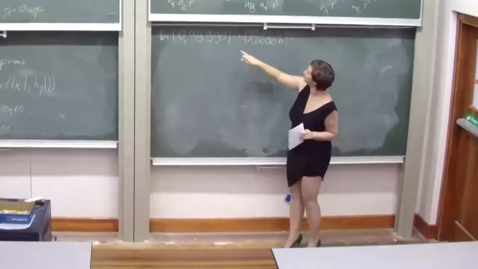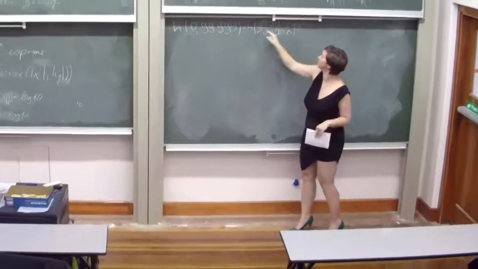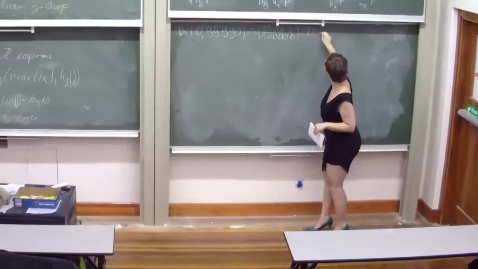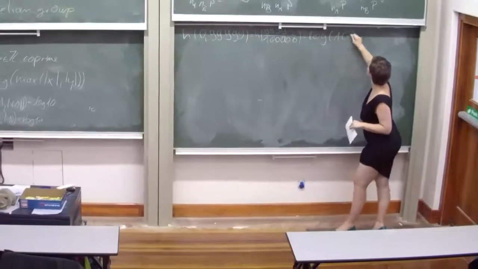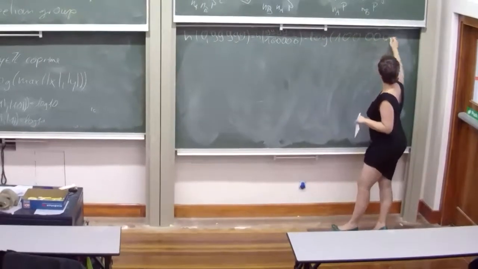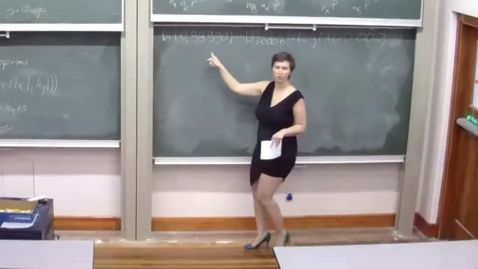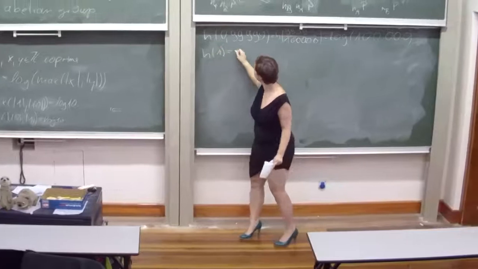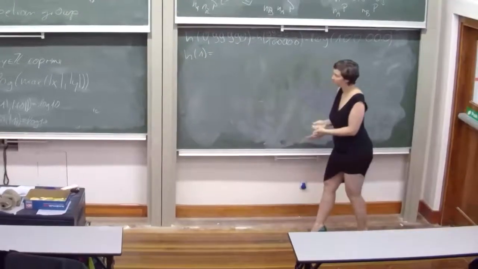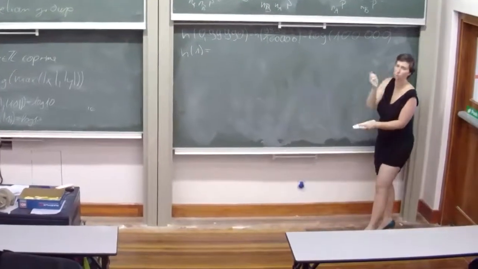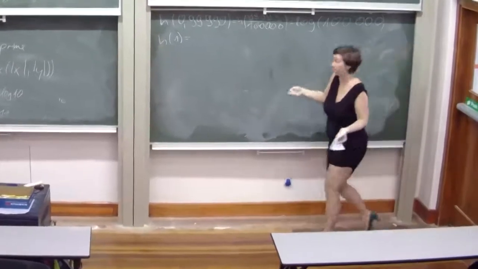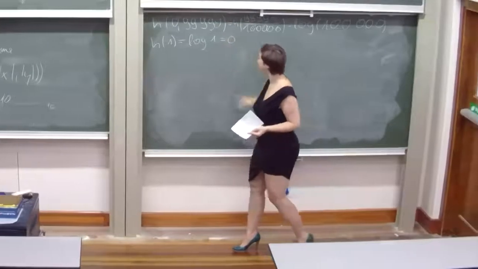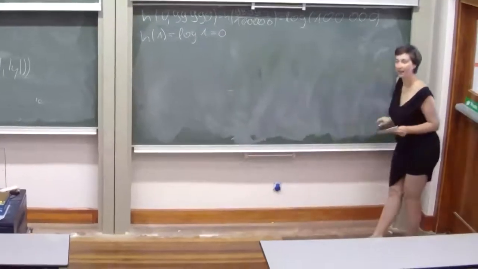So it's the logarithm of the maximum of this number and this number, and this number is bigger, so it's the logarithm of 100,000. This number is almost 1. What's the height of 1? It's again the logarithm of the maximum of 1 and 1, so it's the logarithm of 1, which is 0.